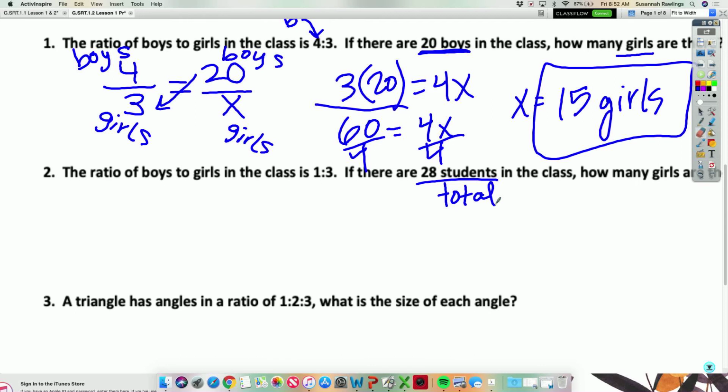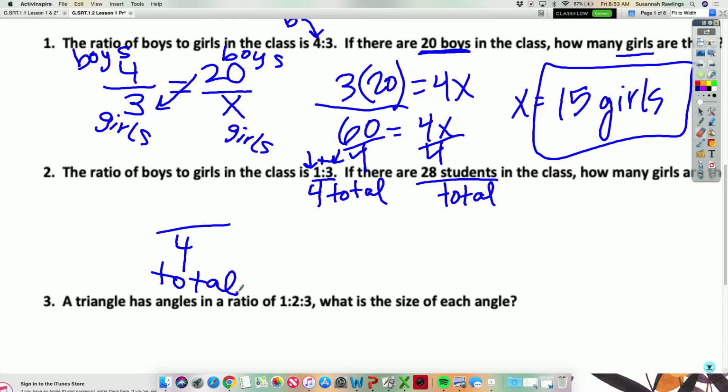So I'm going to add the number of boys plus the number of girls just in my ratio. So 1 plus 3 would give me 4 total. Are we okay with that? So kind of like what we did with our partitions, we find the whole number of parts there. So I'm going to do 4 on the bottom. That's my total number of students because I know they gave me the total number of students there.